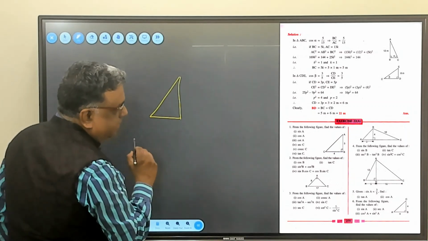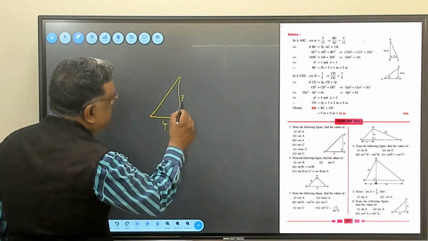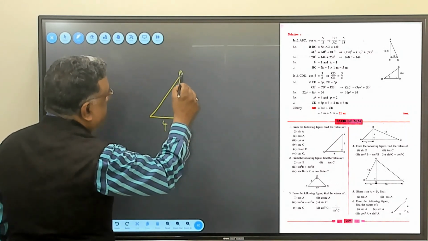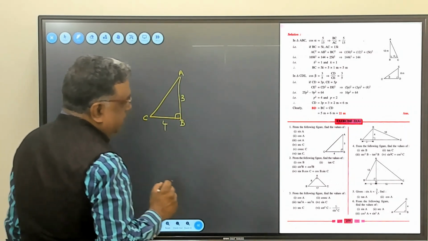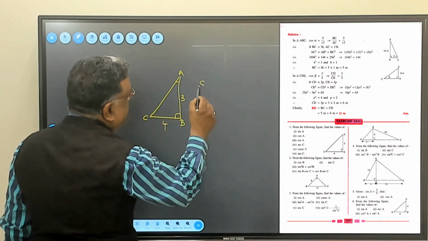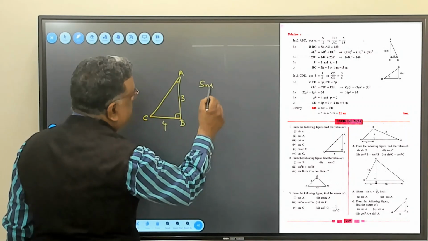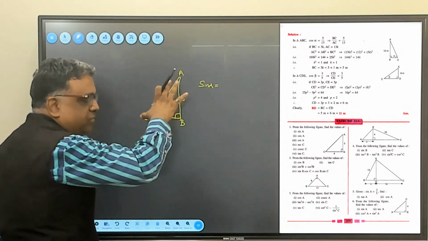This is the triangle. This is the right angle. This side is 4 and this is 3. This is A, this is B and this is C. Now, this is the angle A. First of all, we'll always need the hypotenuse.